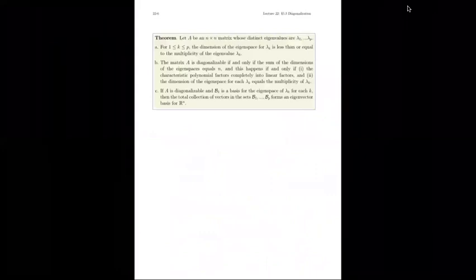In this case, -2 was an eigenvalue with multiplicity 2, but its eigenspace was only 1. Its eigenspace did not match its multiplicity, and this is where we have a breakdown that's being pinpointed by this result in B right here. So that's B as a summary of diagonalizability of A.